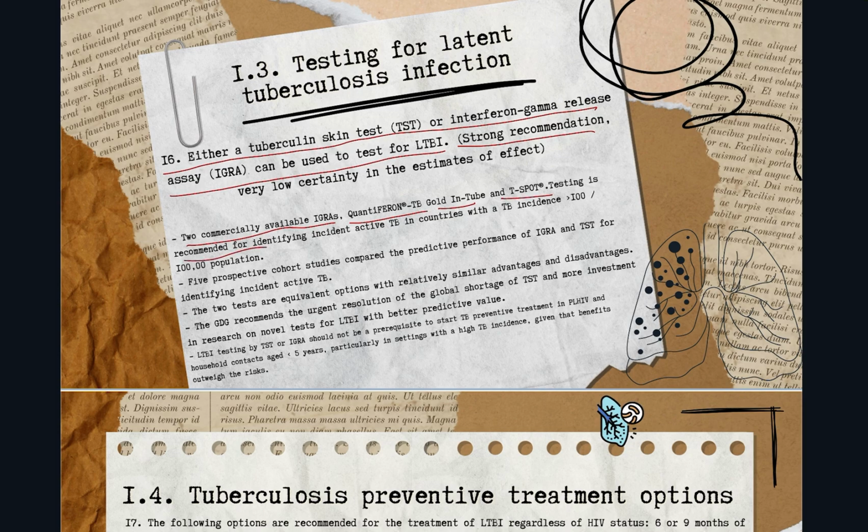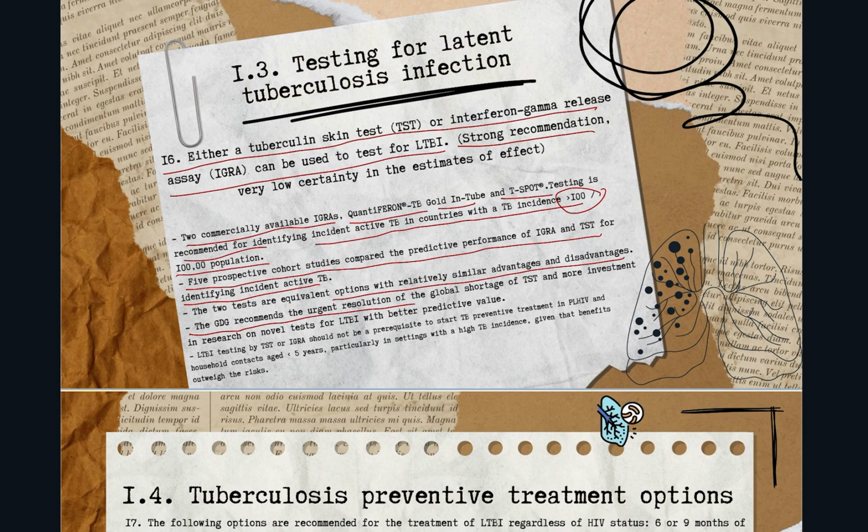Testing is recommended for identifying incident active TB in countries with a TB incidence of more than 100 per 100,000 population. 5 prospective cohort studies compared the predictive performance of IGRA and TST for identifying incident active TB. The 2 tests were equivalent options with relatively similar advantages and disadvantages.